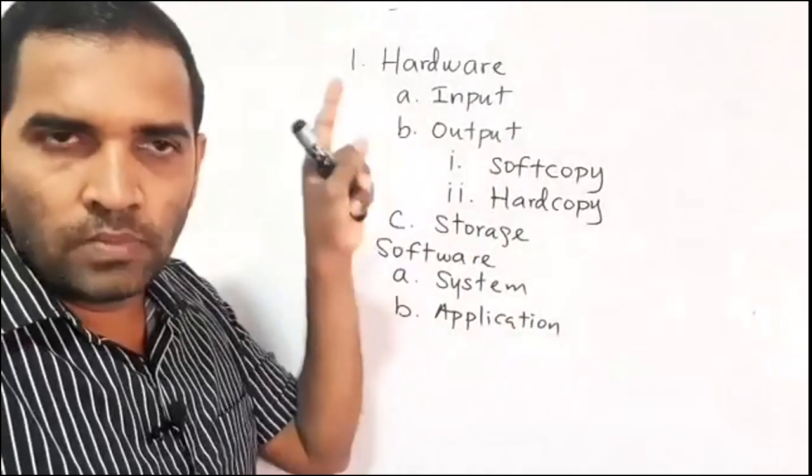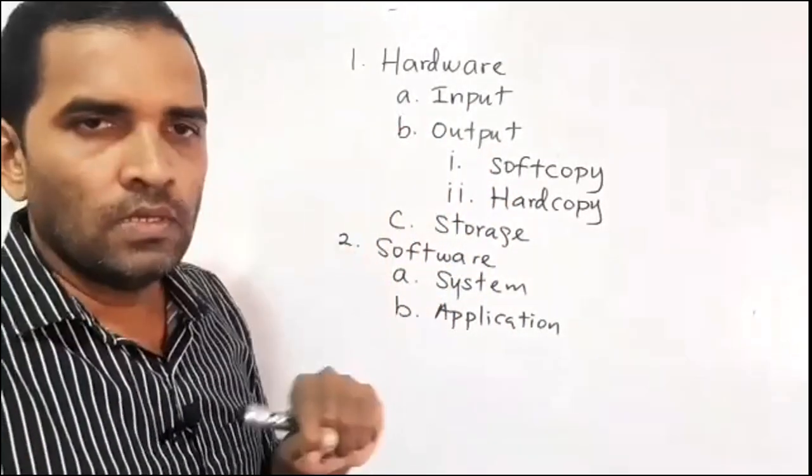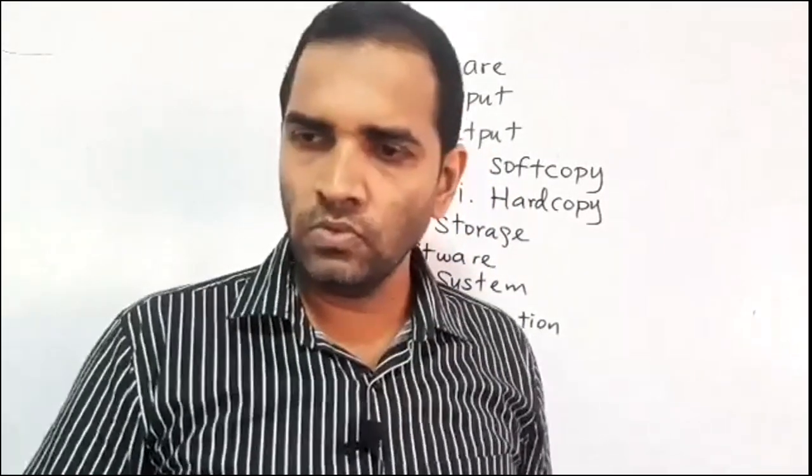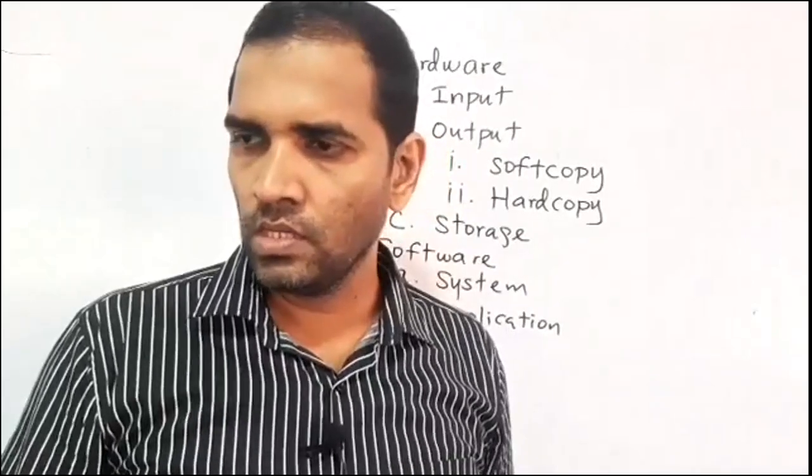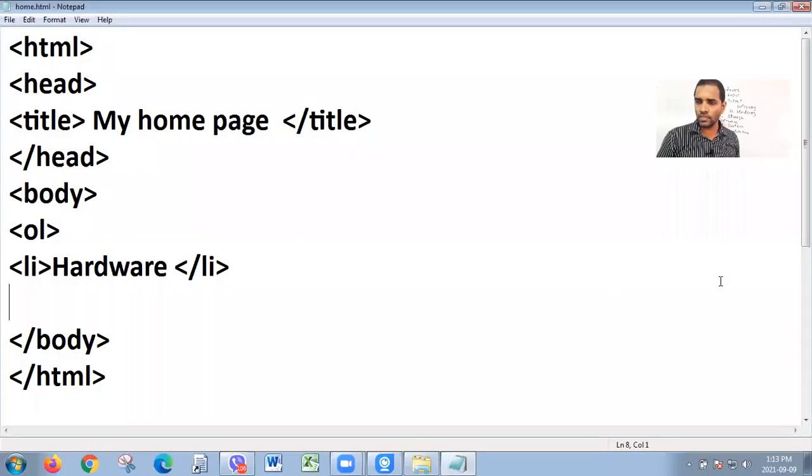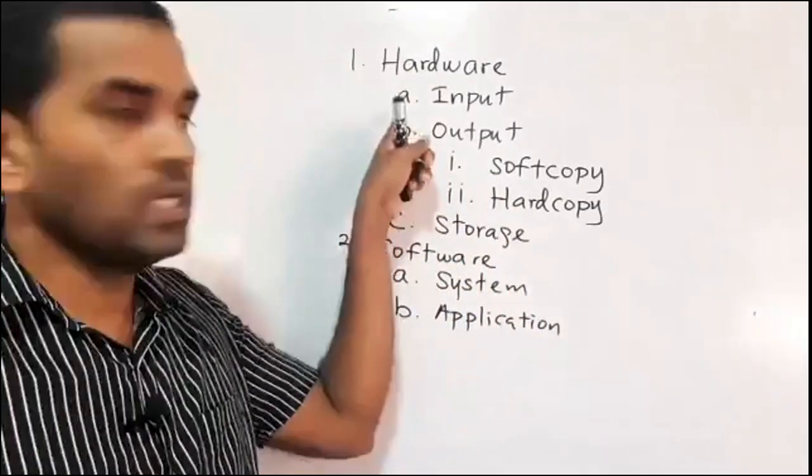You don't want number 2, you want A. Now look here, suppose you try LI input, definitely your answer would be 2 dot input, because this LI belongs to this OL. If you add another LI, definitely it takes number 2. We don't want number 2, we want another list. We want A.